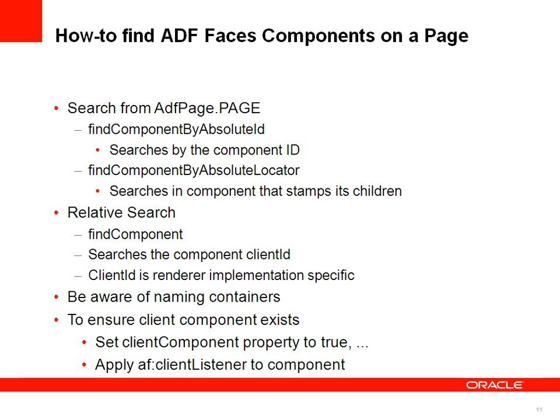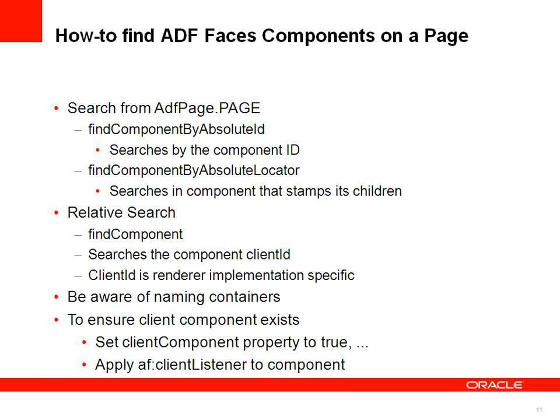And you do this by findComponentByAbsoluteId, where the absolute ID is the component ID prefixed with possible naming containers. Naming containers like panelCollection always put the ID as a prefix in front of the component ID. So that would be namingContainerId:componentId.